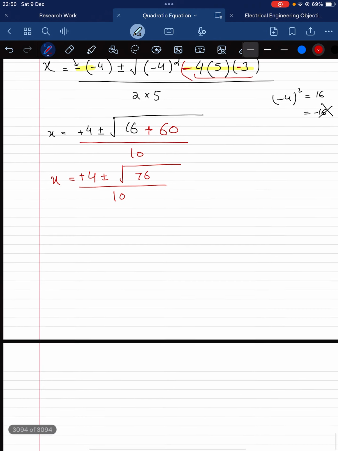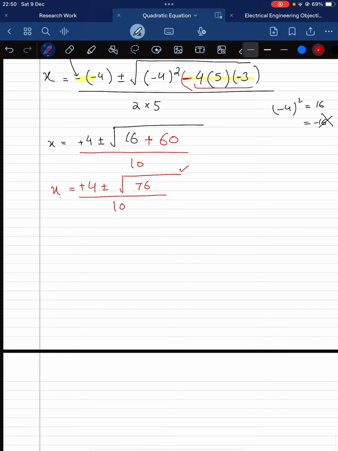Now we need to calculate the square root of 76 by using the calculator. So x is equal to 4 plus or minus, if we take the square root of 76, what do we get? Let me check it by calculator. Square root of 76 will give you 8.7177.